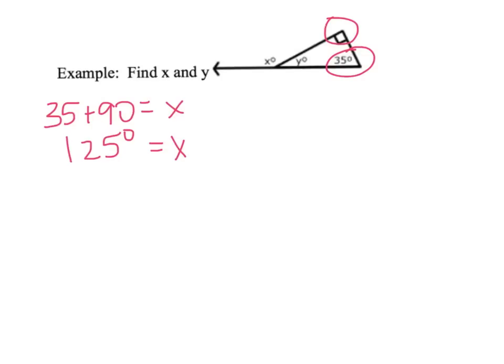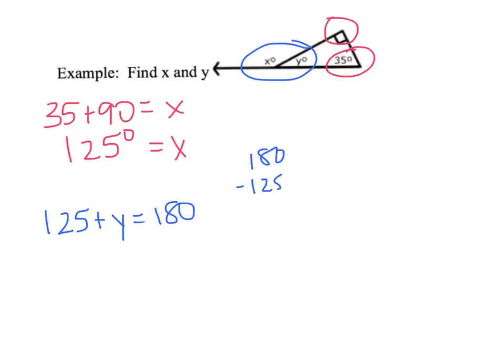Then, because this is a supplementary angle, we know that 125 plus y equals 180. So 180 minus 125 is 55 equals y.